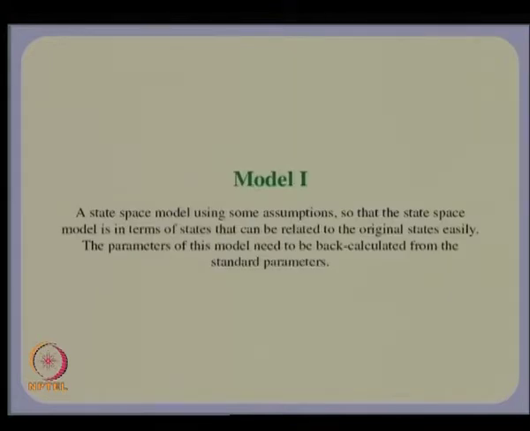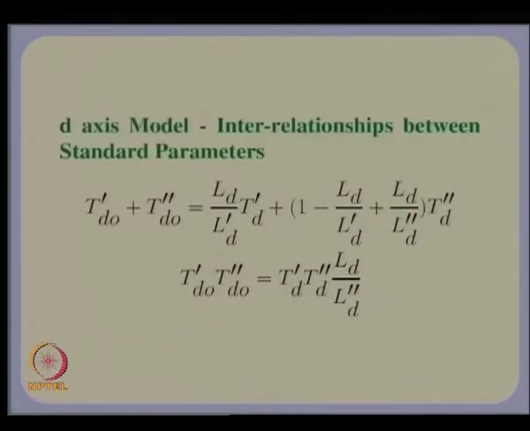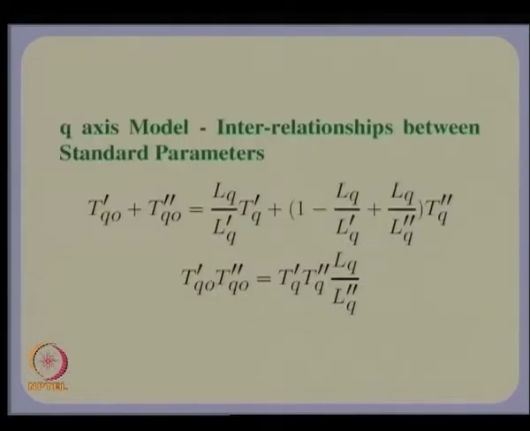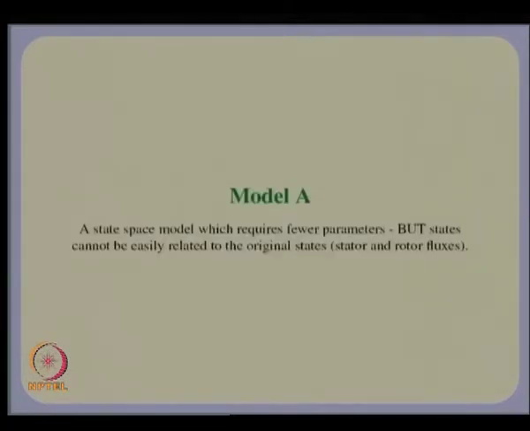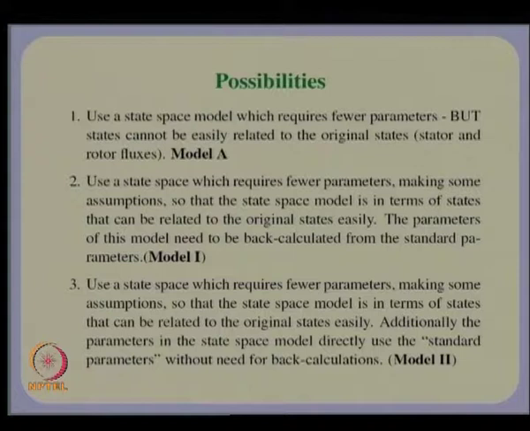Now, we go to model 1. Just because it gets a bit tedious, let us go back a few slides and remember what we are trying to do. We have got these parameters just from one measurement. If we had more measurements, we could have back calculated all the basic parameters required for the original model, which is in terms of rotor and stator fluxes.